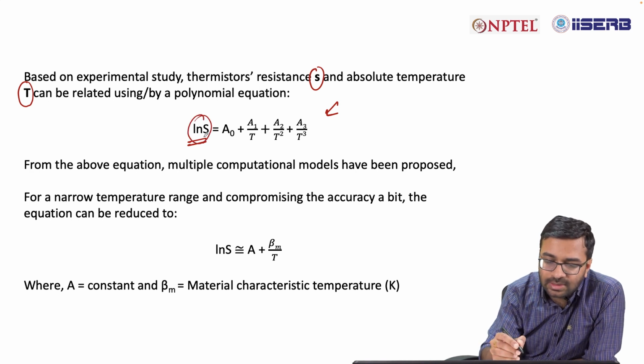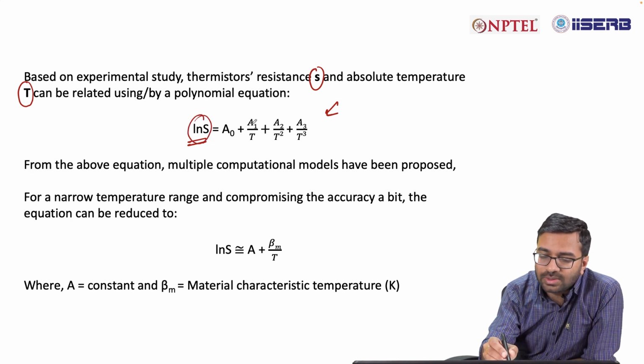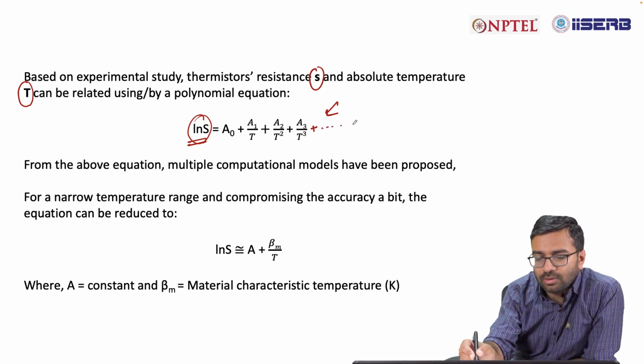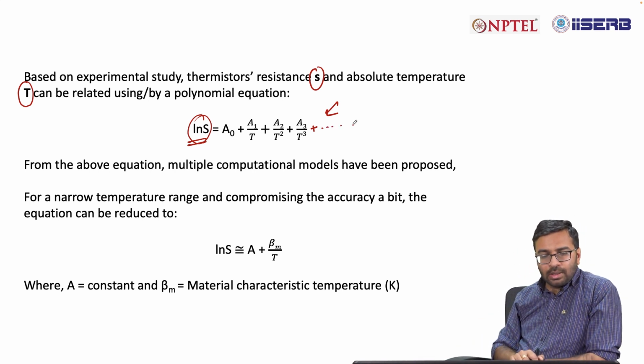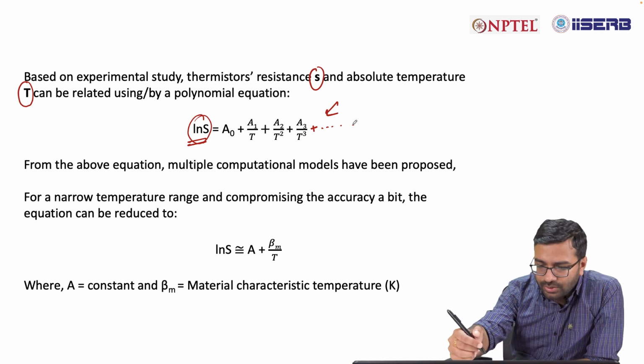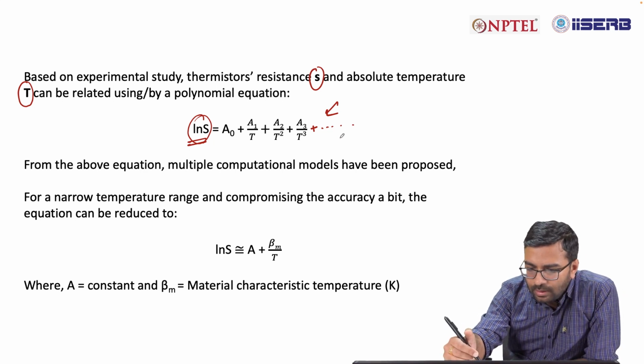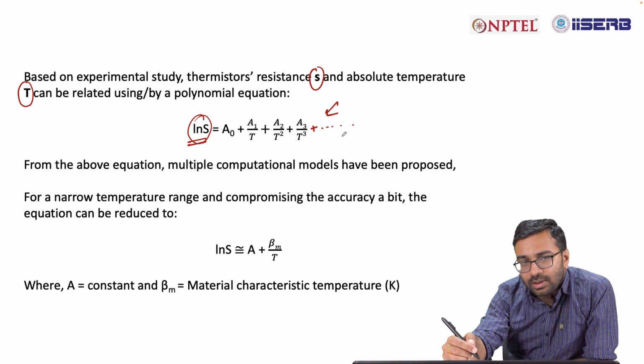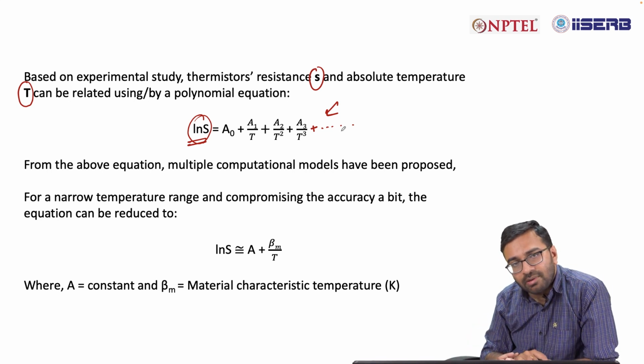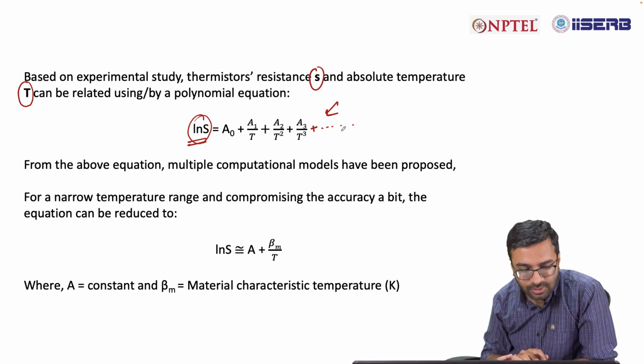It is like ln S is equal to a0 plus a1 divided by T plus a2 divided by T square plus a3 divided by T cube, and so on and so forth. From this equation, many have modeled a temperature sensor, and you will find those models in literature as well.